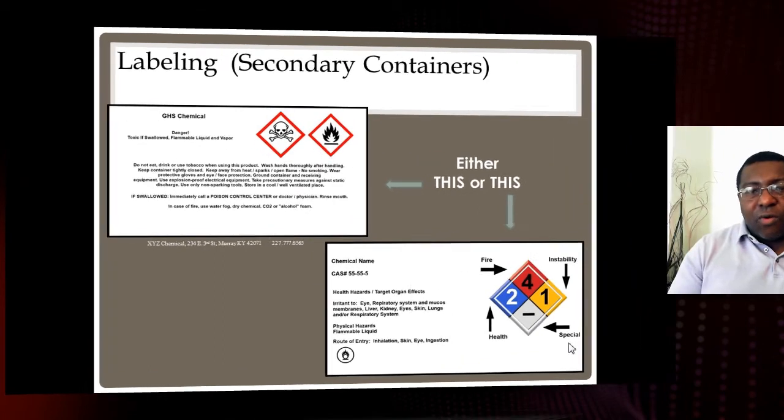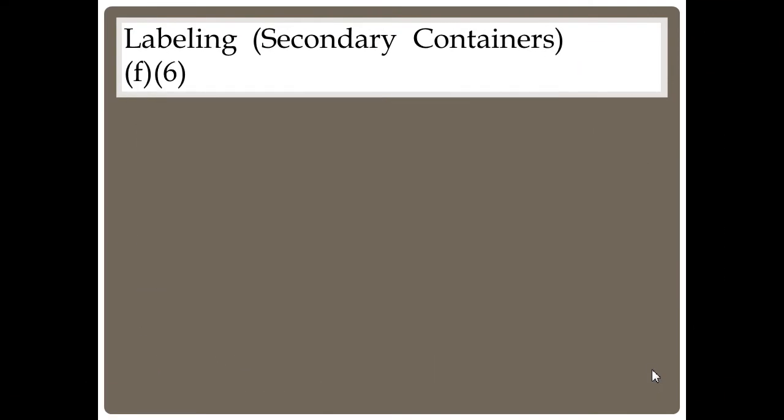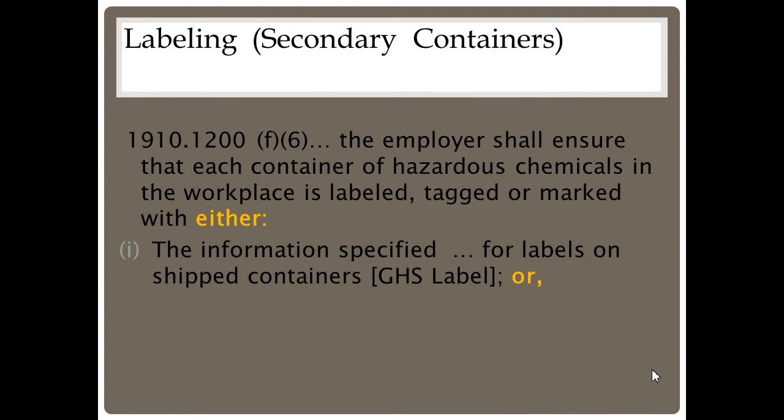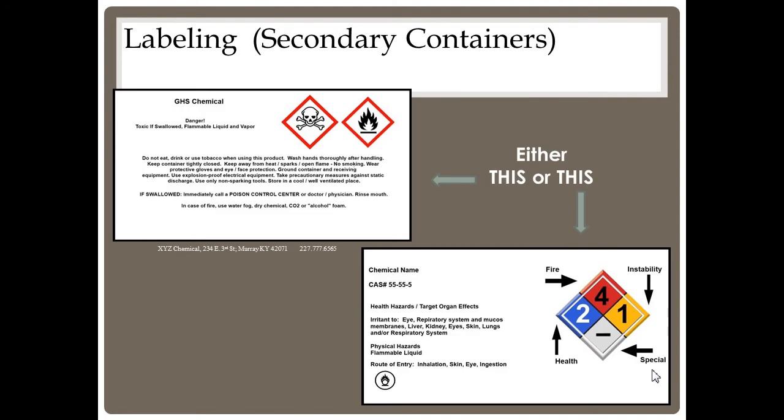So either or. That's what they're saying in that. So it's your secondary label. The either or part is you're going to either switch 100% to your GHS or you're going to stay with your current labeling system.